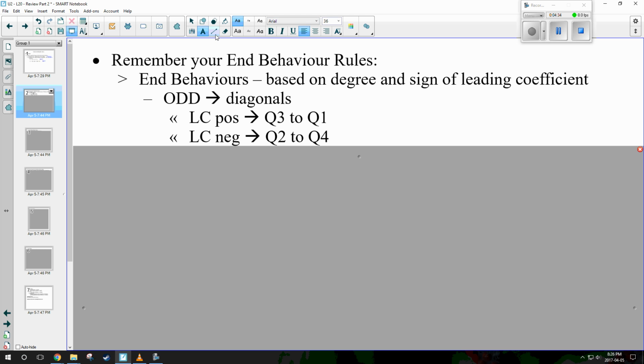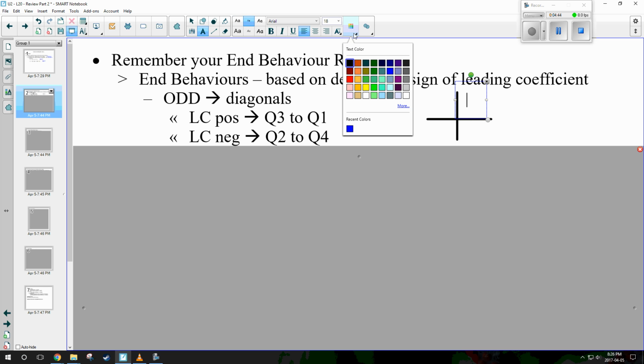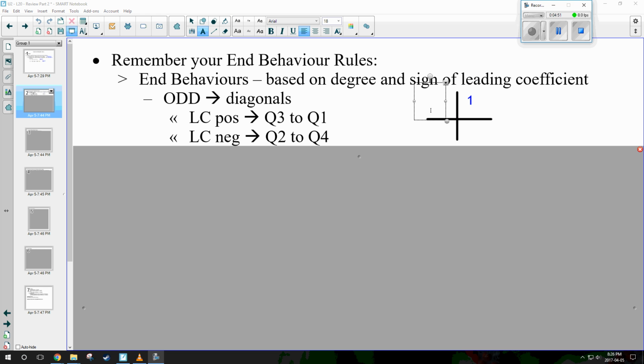And remember, in terms of numbering our quadrants, we start here with 1, and then work our way around. So this would be 2, down here we'd have 3, and here we have 4.